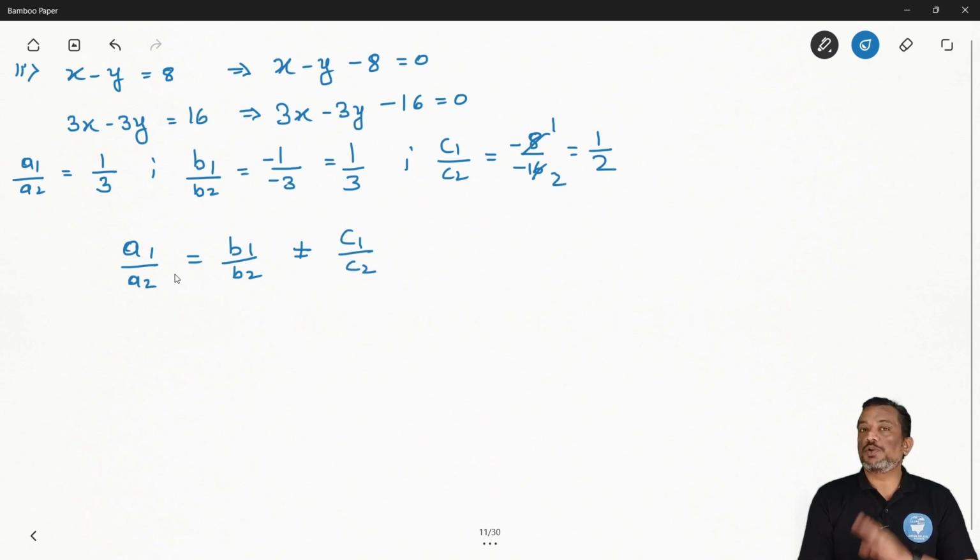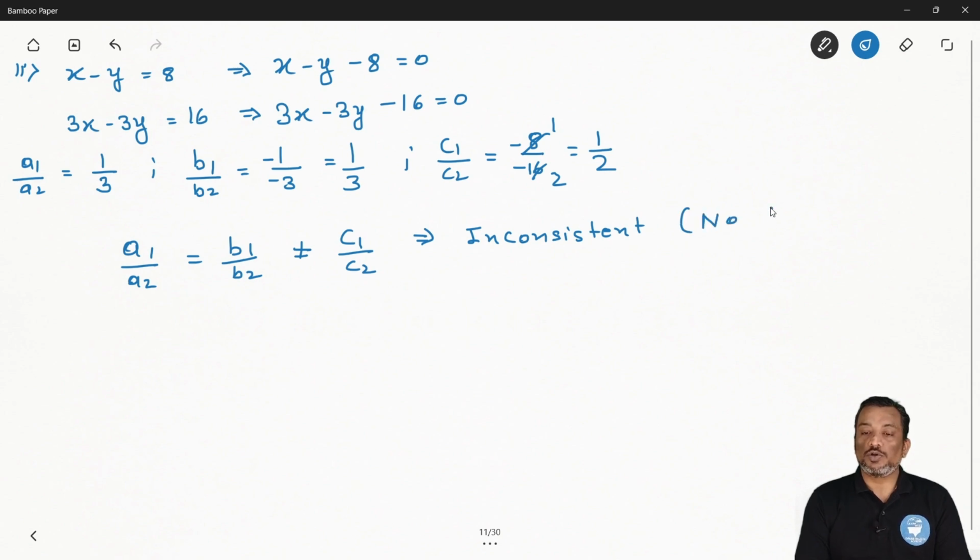Okay, so hope you remember, this will form which type? Inconsistent, basically parallel lines. Inconsistent are parallel lines. No common solution. Okay, hope you're getting it clear.